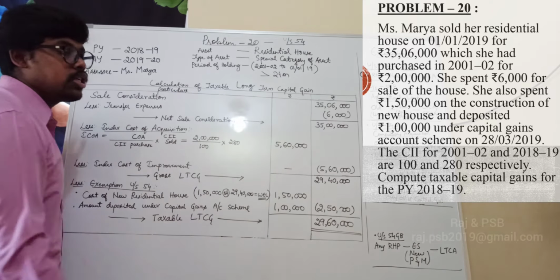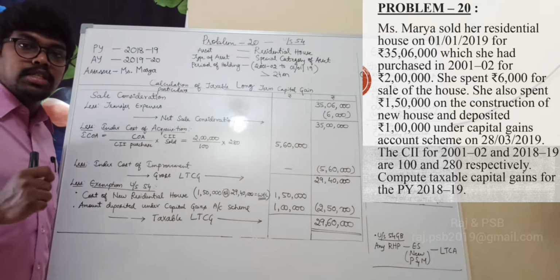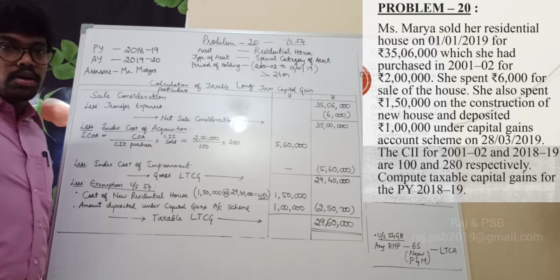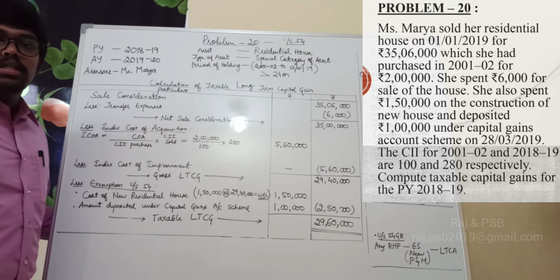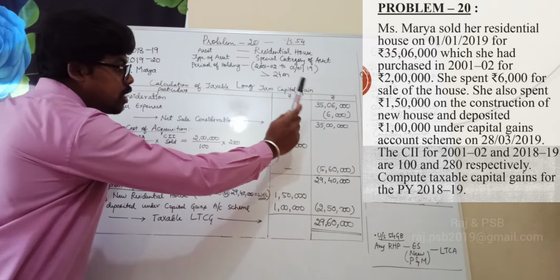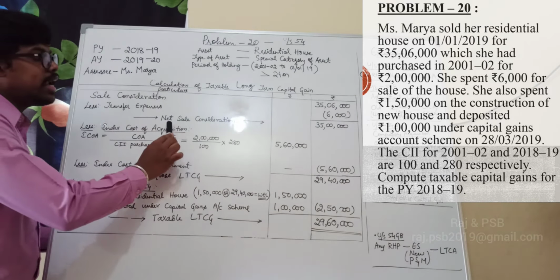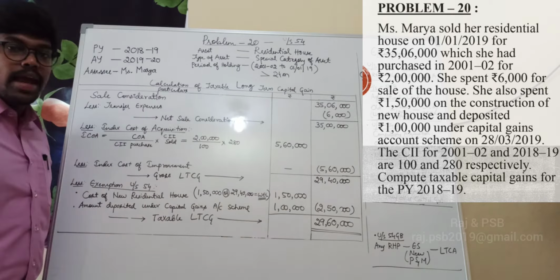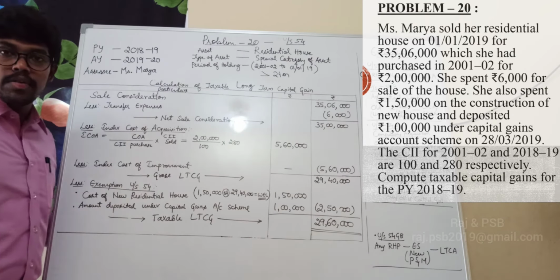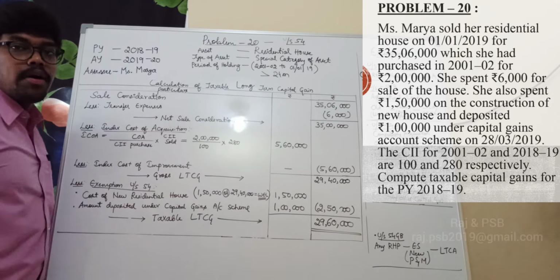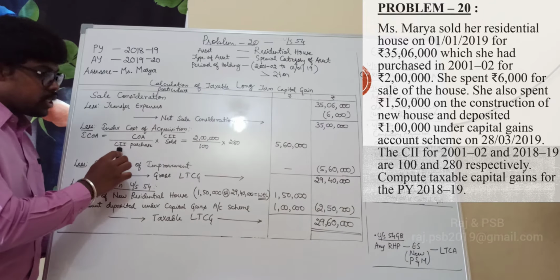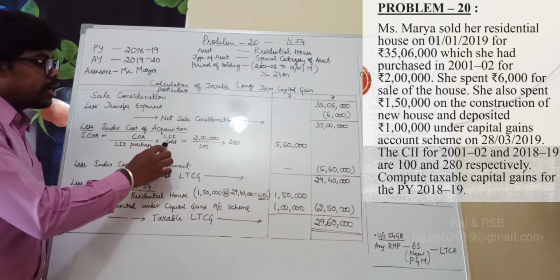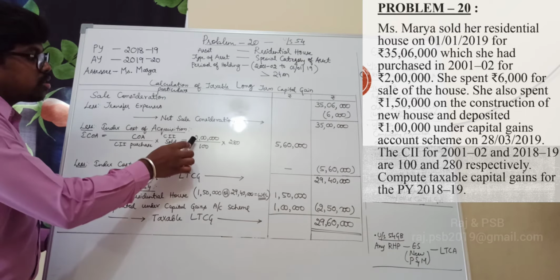Sale consideration: she is selling for 35 lakh 6,000 with transfer expenses of rupees 6,000, so we have to deduct 6,000. The net sale consideration is 35 lakh, less indexed cost of acquisition, as it is after 1/4/2001. The formula is cost of acquisition divided by CII of purchase year into CII of sold year.